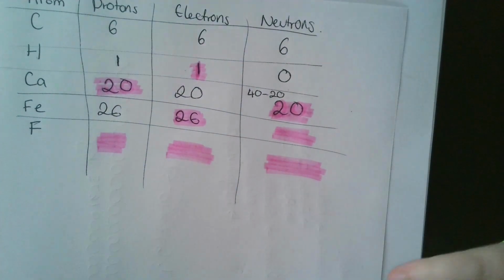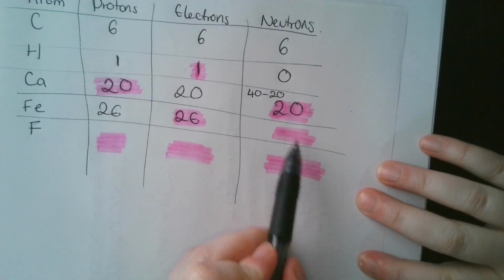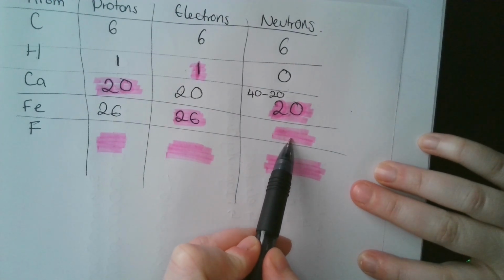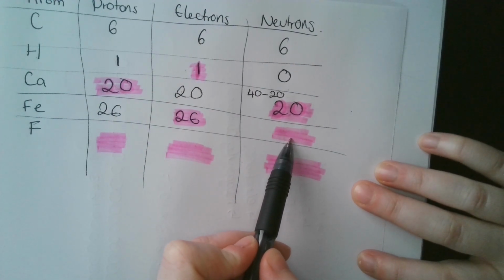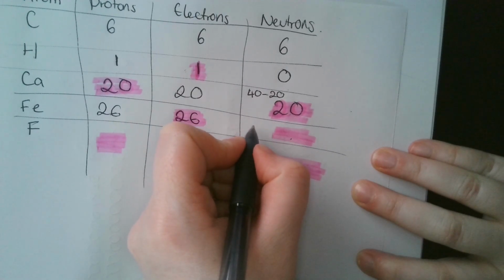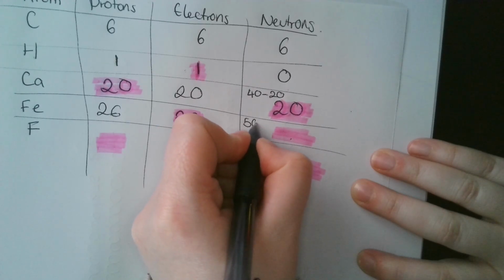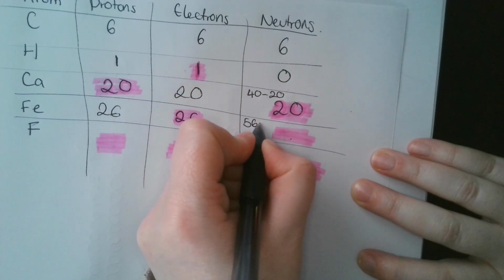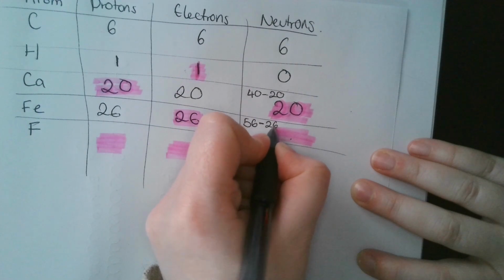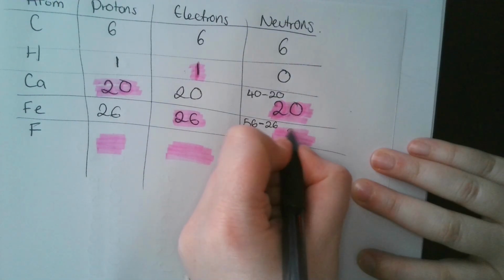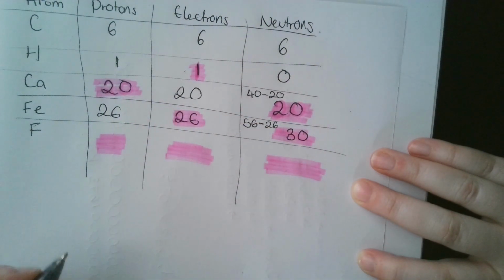Again, we need to look at the periodic table to figure out the number of neutrons. So it is mass number 55. You can round this up to 56 if you wish. Take away 26, neutrons is 30. Or if you round it down, 29.85.